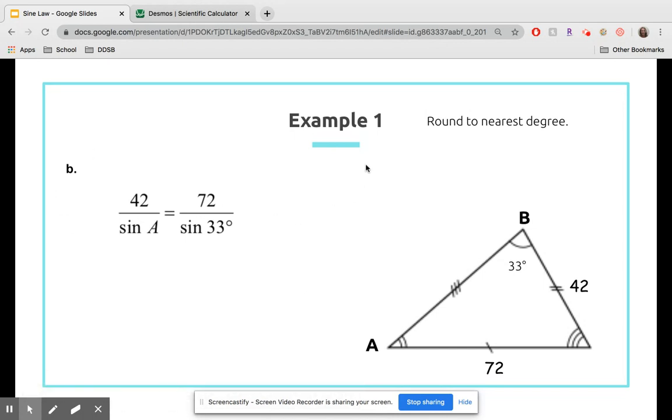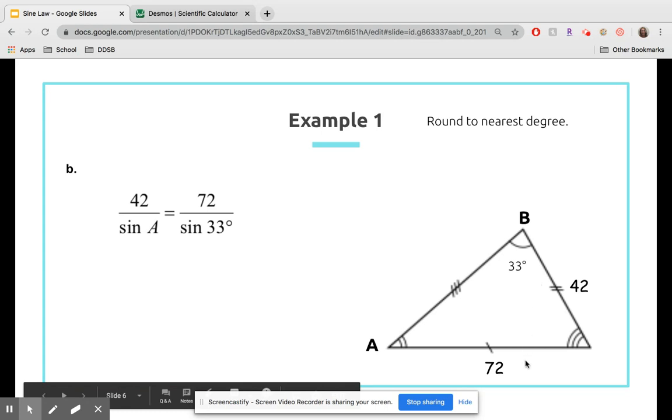Okay, and then example 1, part B. We've got a different triangle. We've got this side, which is 72, and across from it is angle B, so this is little b. And then I've got this side, which is 42, and across from it is angle A. Angle A is what we want to calculate here.